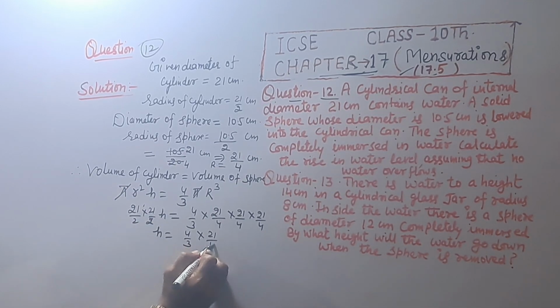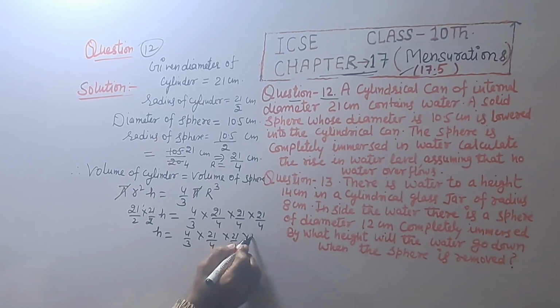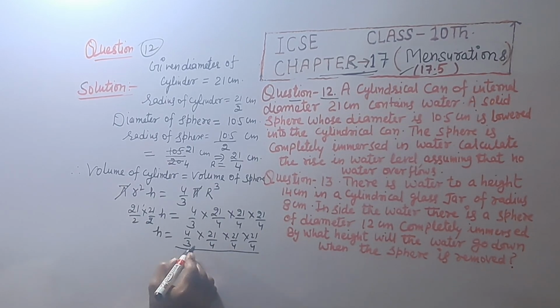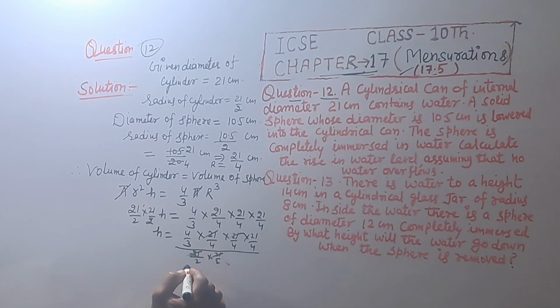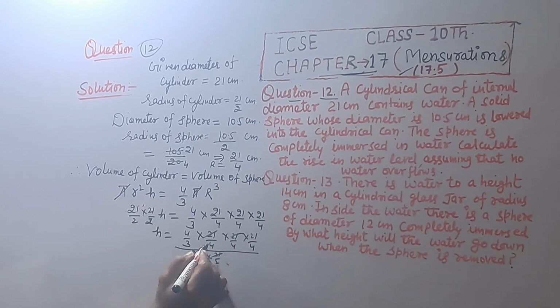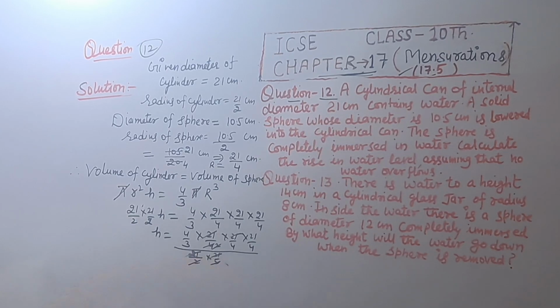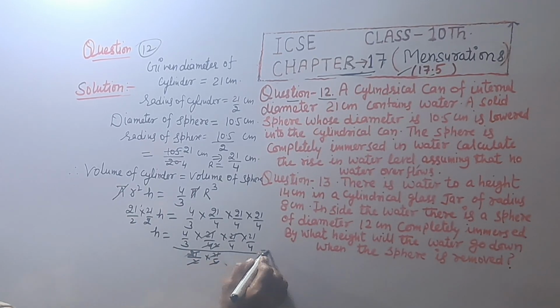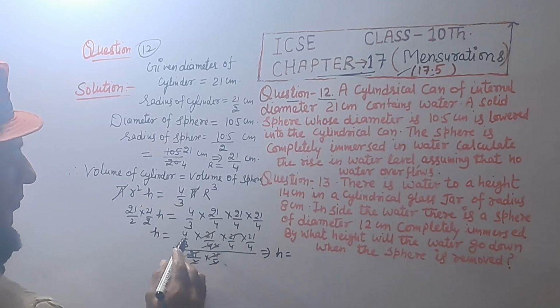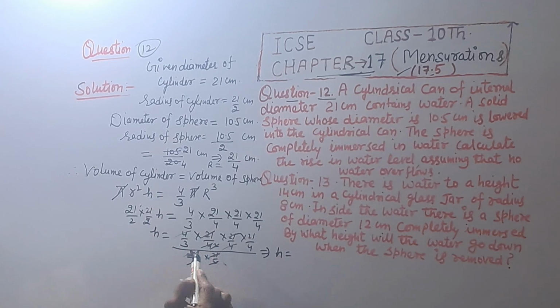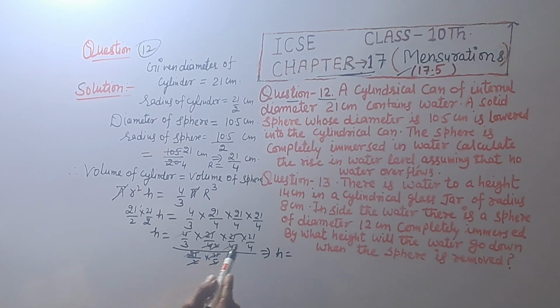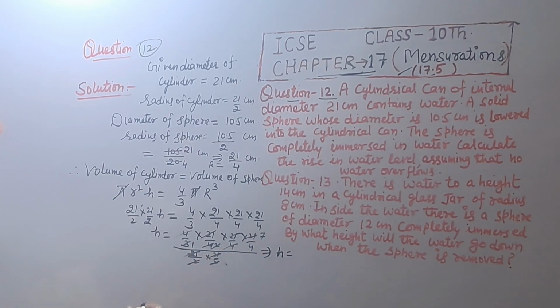Height is equal to 4/3 into 21/4 divided by 21/2. 21 cancel, and 2 1s are 2, 2 2s are 4, 2 is cancel, which implies height equal to 21 into 4 is cancel, 3 1s are 3, 3 7s are 21.